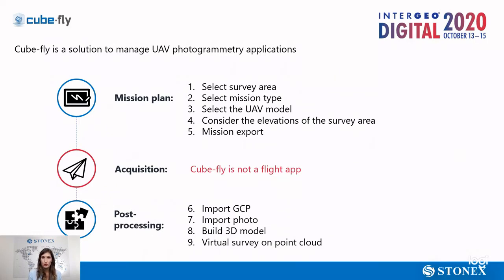It's also possible to create the orthophoto. And from the point cloud, you can have a virtual survey. So directly on the point cloud, you can define points, polylines, and create contour lines.